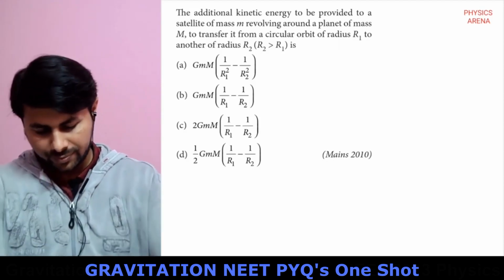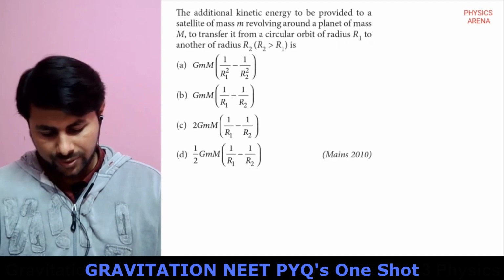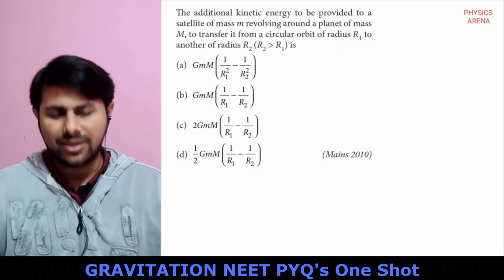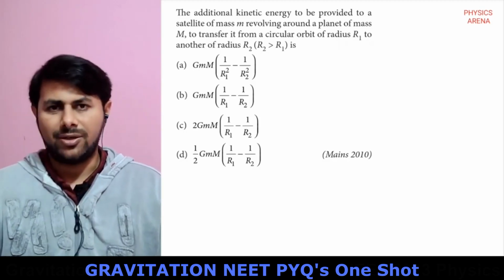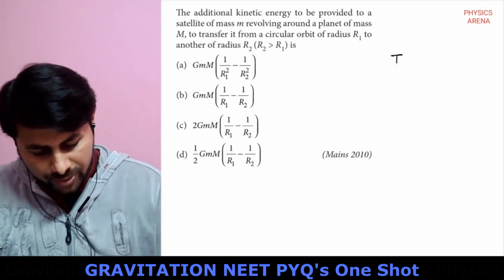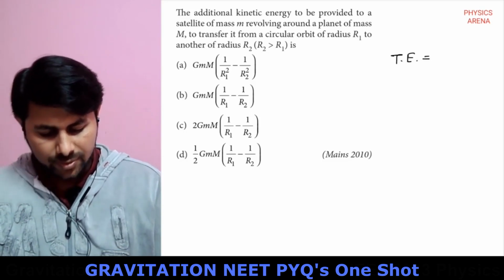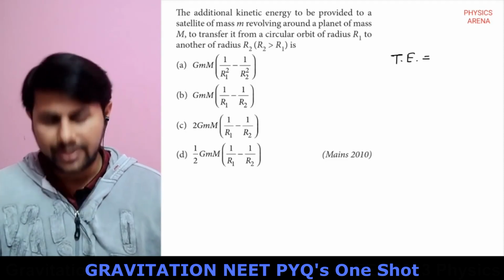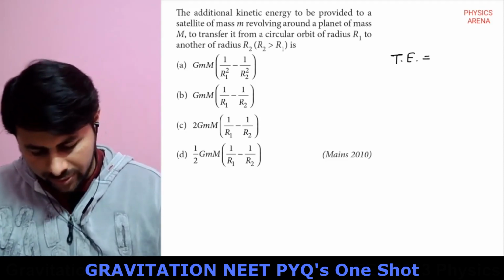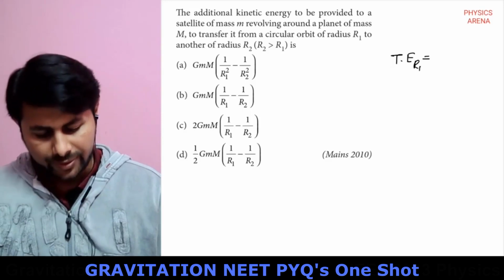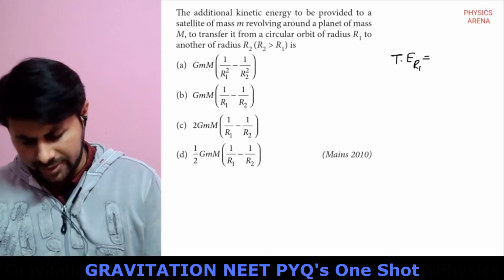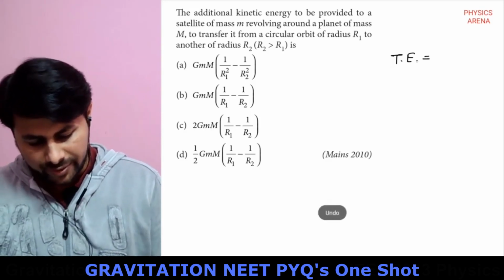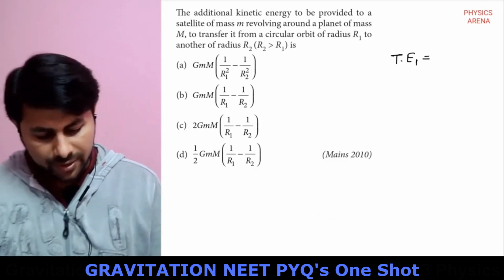Okay, so now how can you find out that energy? So it's simple. See, there will be some total energy of the satellite at radius r1. So let's just call it total energy 1. Okay, it will be simple that way.